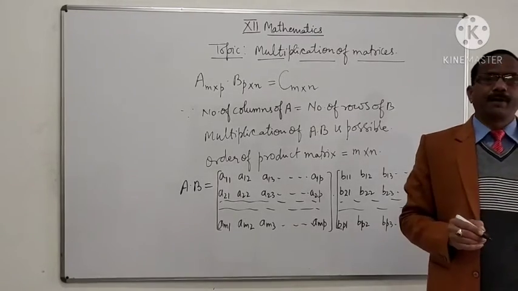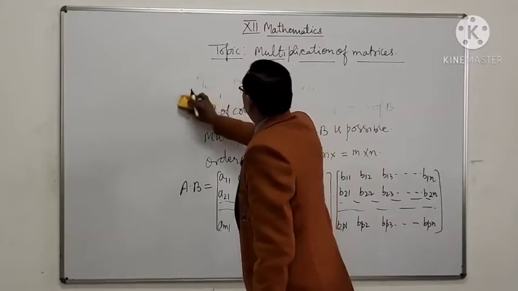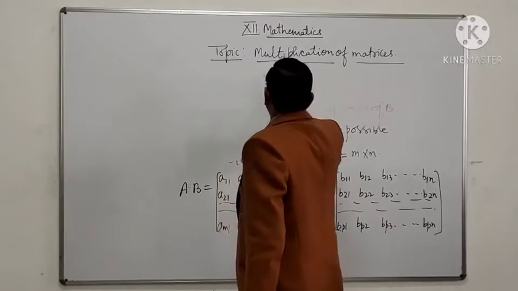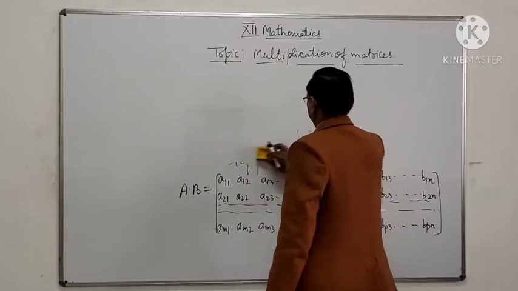Student, when we multiply these two matrices, then the resultant matrix is, suppose, C11, C12, C13, like that.